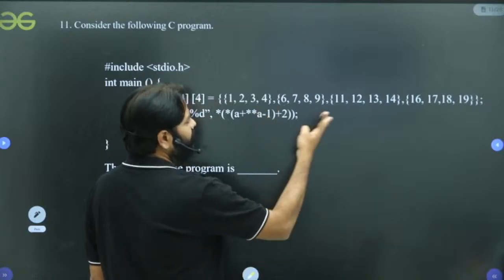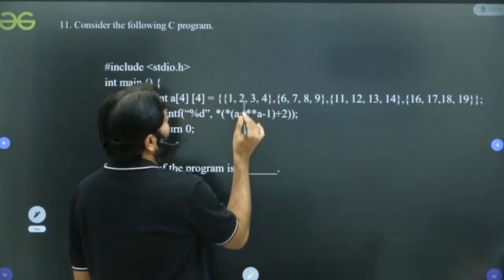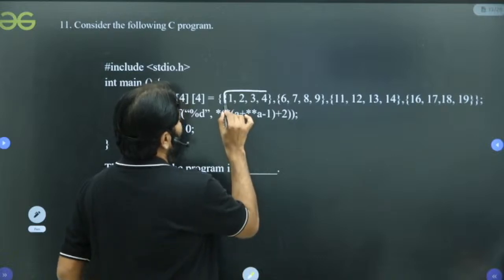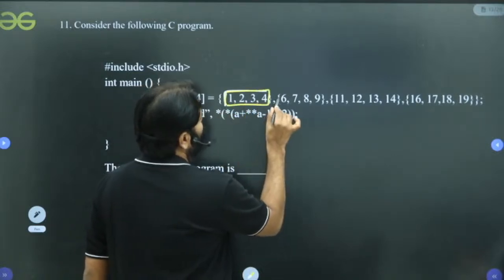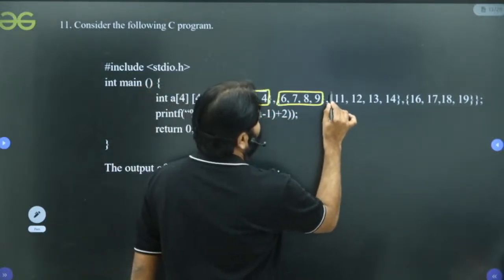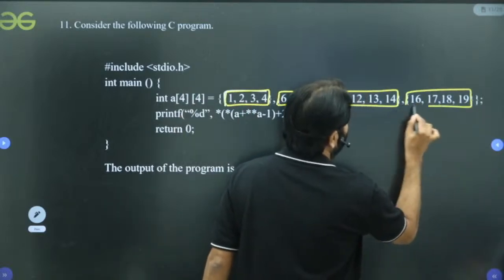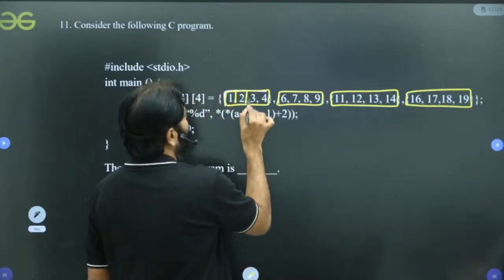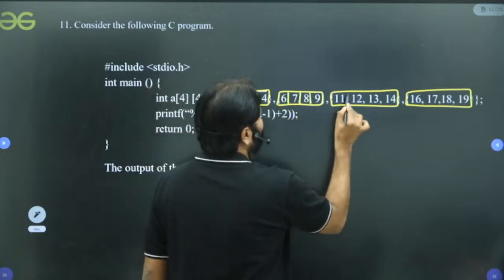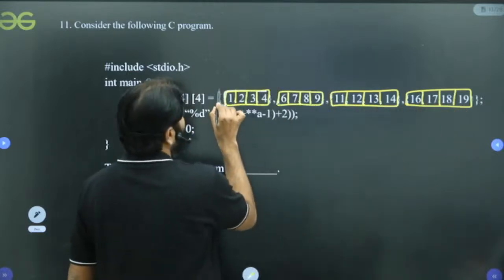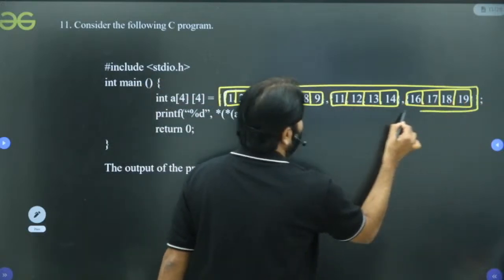Right? Can I make it here itself? Why do you want to make it separately? This is the first row, making this one as modification, right? First row, second row, third row, and fourth row. This is a complete array, correct?